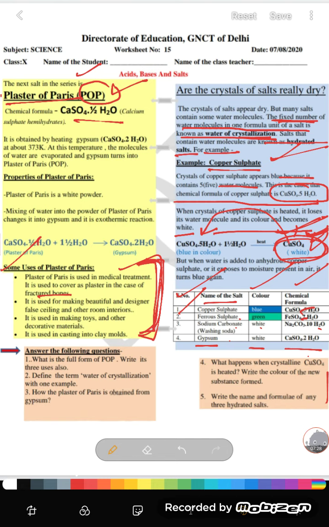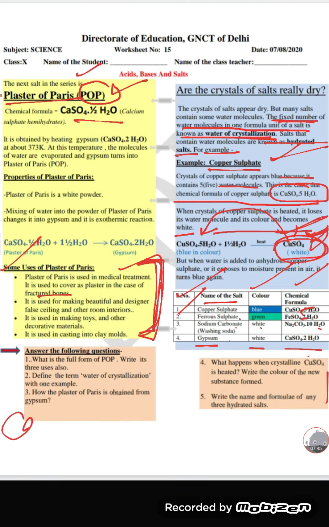Next, how is plaster of Paris obtained from gypsum? Plaster of Paris is obtained from gypsum. You can write this in this way: CaSO4 into 2 molecules of water.